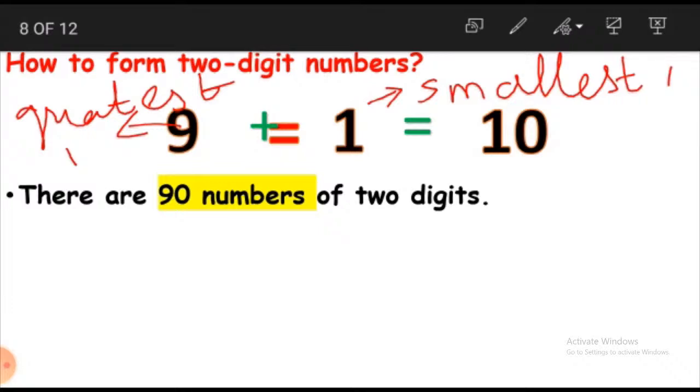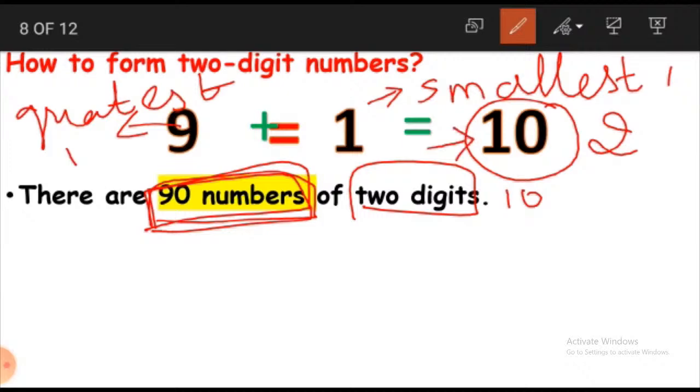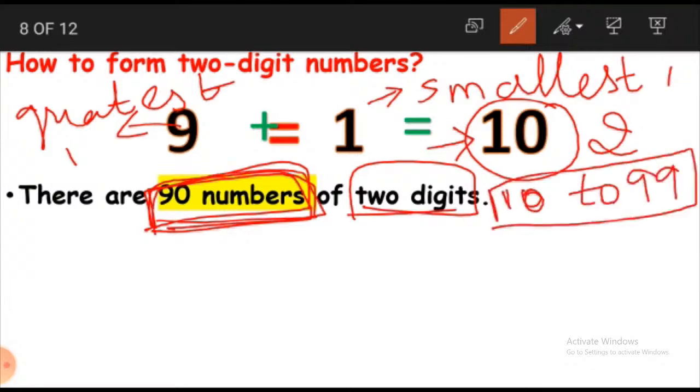And how many 2-digit numbers do we have? We have 90 2-digit numbers. What are they? They start from 10 and go till 99. There are 90 numbers of 2 digits which start from 10 and end at 99.